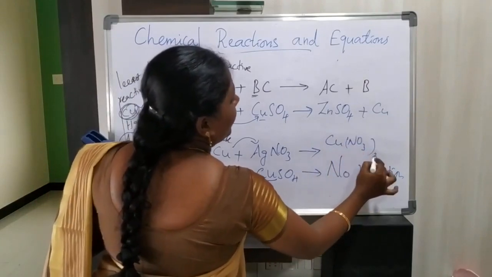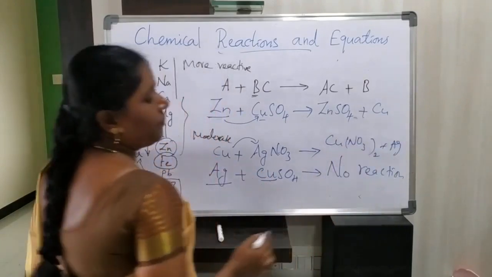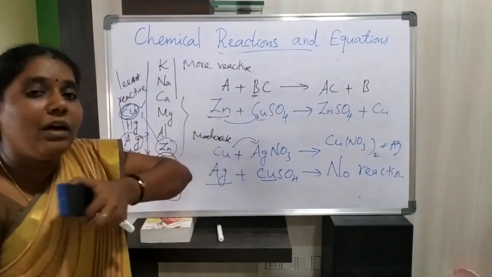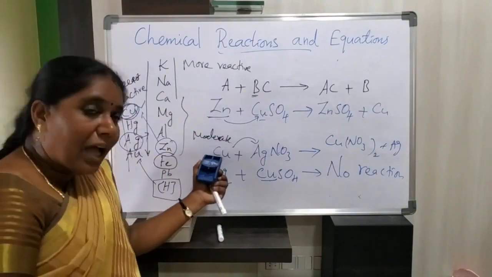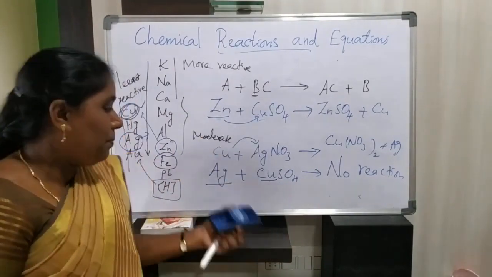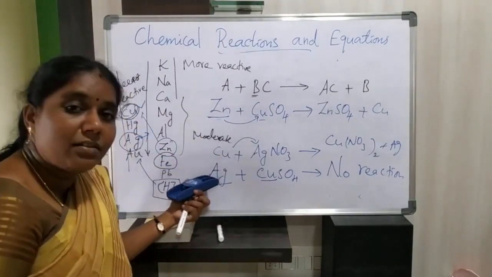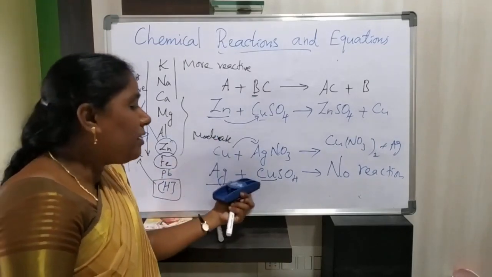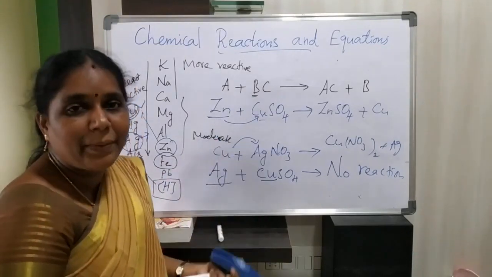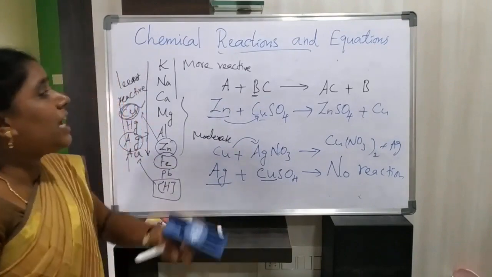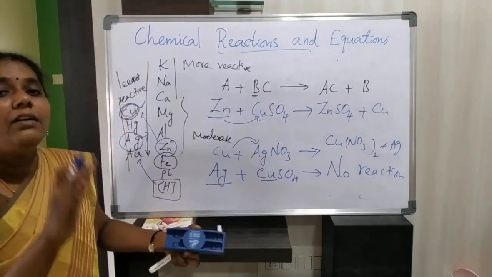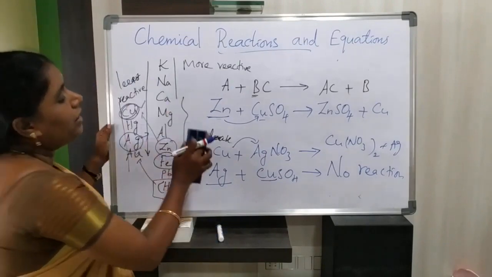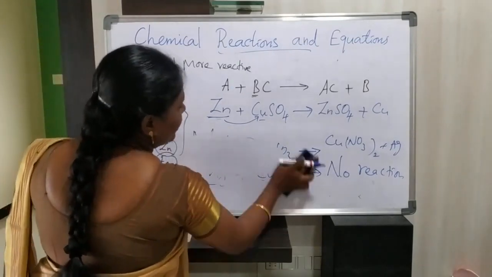But here the reaction takes place. Why? Because here copper is more reactive than silver, so copper can displace silver. But silver is less reactive than copper, so silver cannot displace copper from copper sulfate solution. These types of reactions are called displacement reactions.